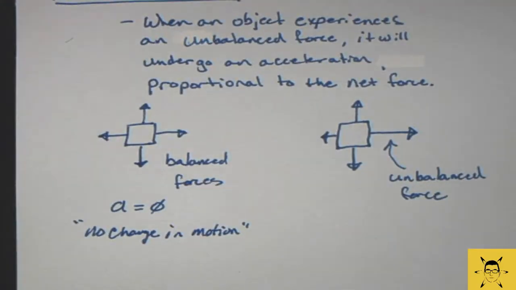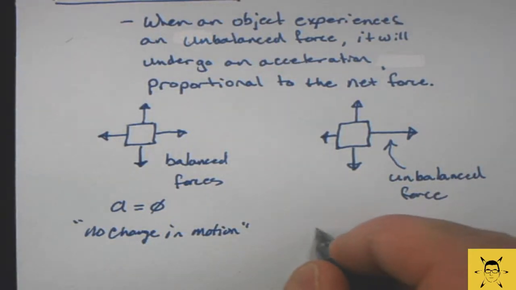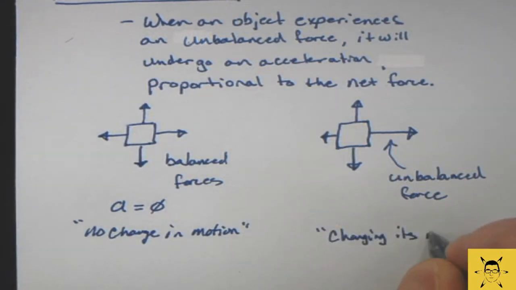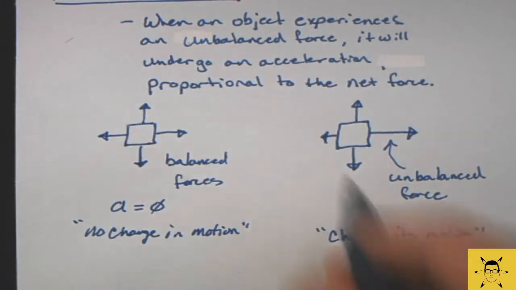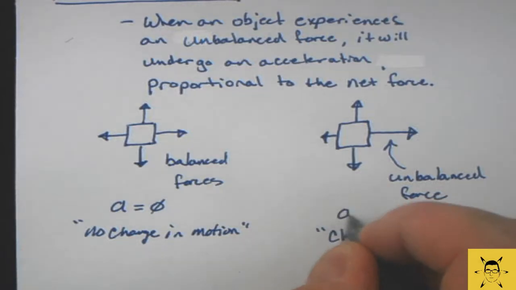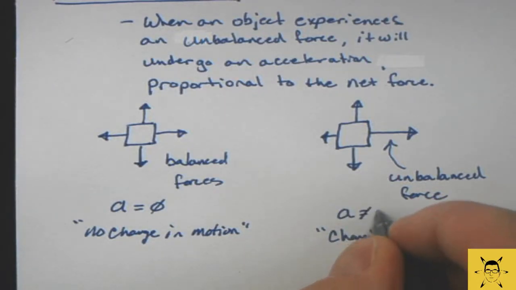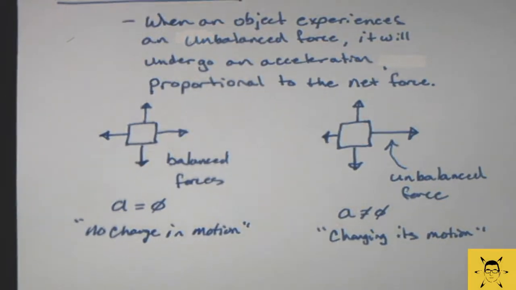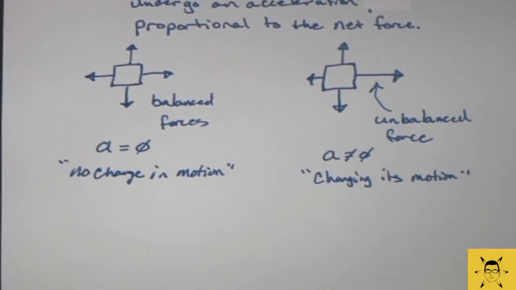We have something that is causing our object to change its state of motion. So it is changing its motion. That means its acceleration is not equal to 0. It has an acceleration, and because of this, we have an equation.